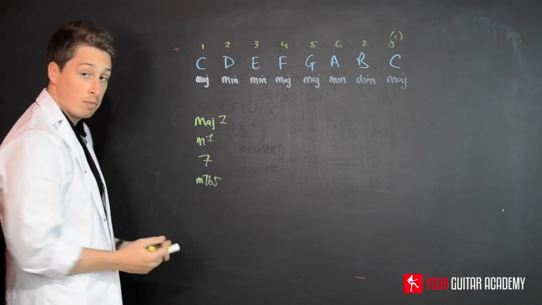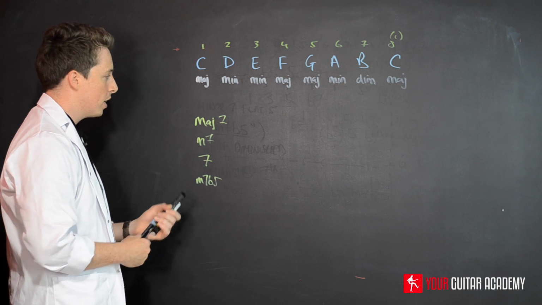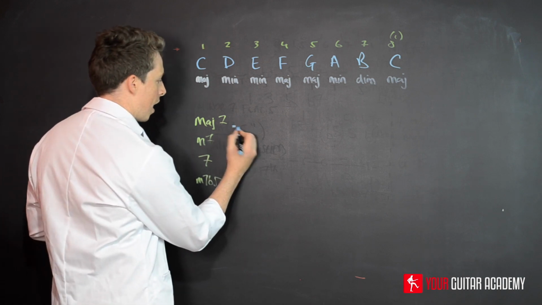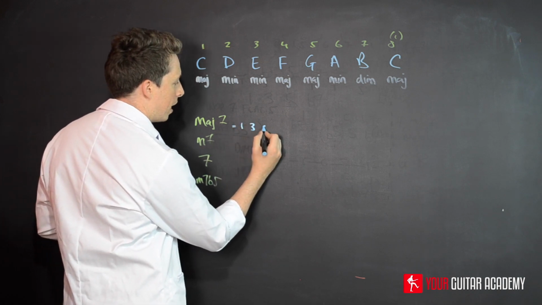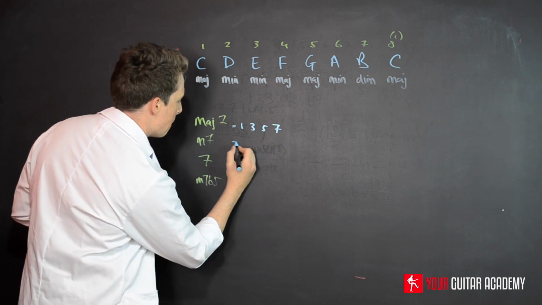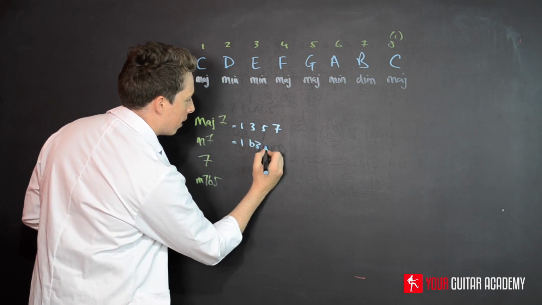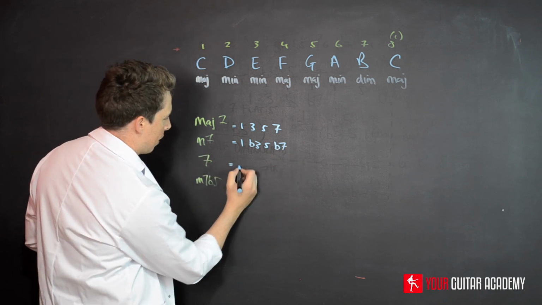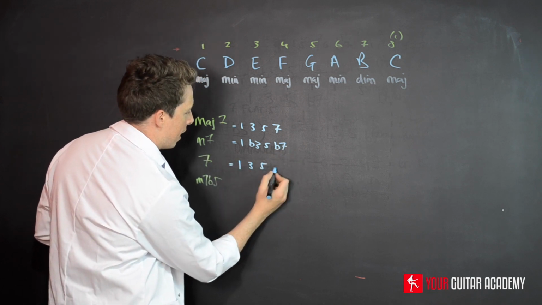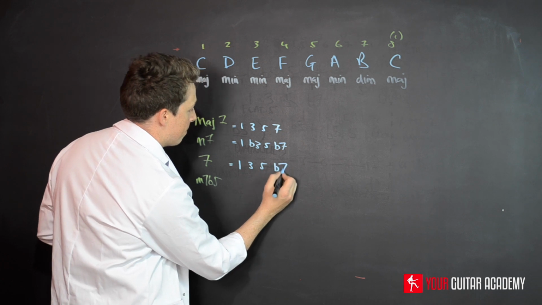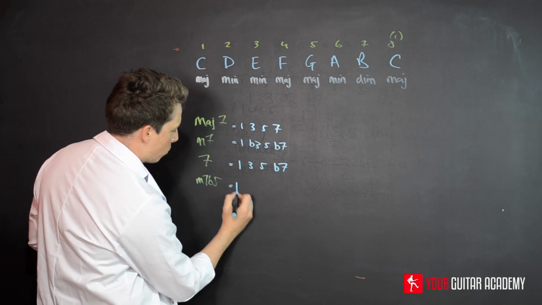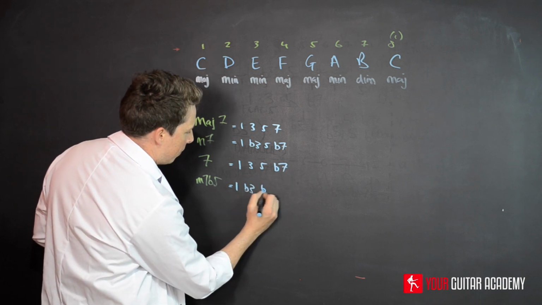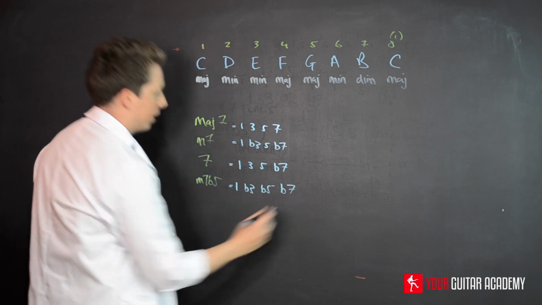Now, when I look at the chord construction, major 7 is 1, 3, 5, and 7. Minor 7 is 1, flat 3, 5, and flat 7. Dominant 7 is 1, 3, 5, and flat 7. And the minor 7 flat 5 is 1, flat 3, flat 5, flat 7.